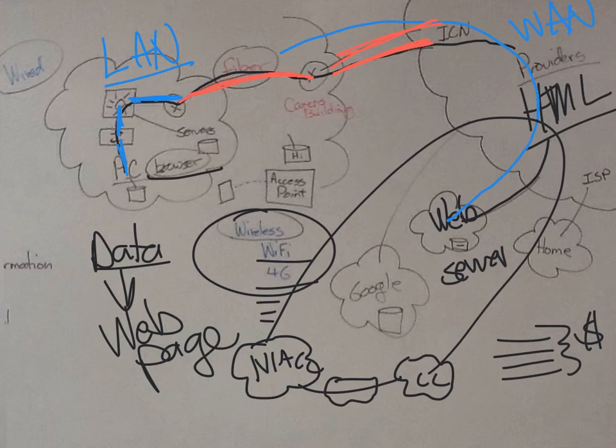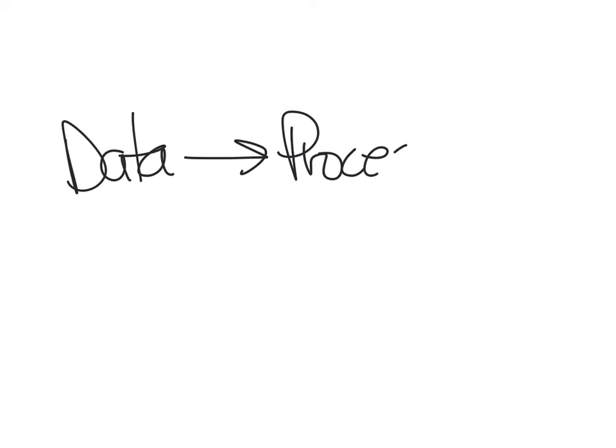Alright. So we've covered a number of items that are in the outline. We talked about this whole idea of data. You would process and get information.